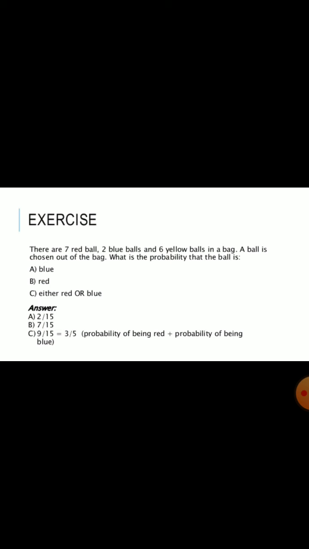So we have 7 red balls and 2 blue balls, so the total is 7 plus 2, 9. So the probability of getting red or blue ball is 9 by 15. We can reduce the term by dividing it with 3. 3 3s are 9 and 3 5s are 15. We will get 3 by 5. Okay.